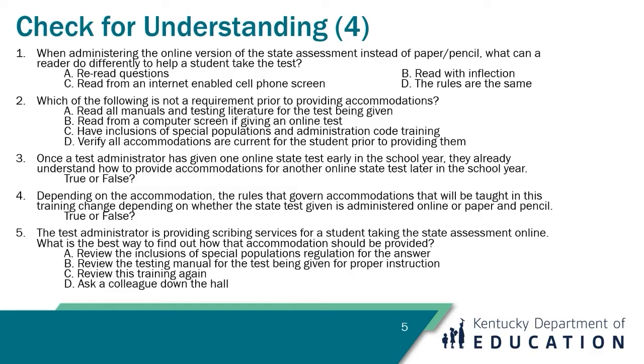D. Ask a colleague down the hall. The answer is B. For that specific test, the best resource for determining how to provide a scribe accommodation would be the testing literature. While this training and the regulation would certainly help you understand what a scribe can and cannot do when providing the scribing accommodation, neither one will instruct you on how to perform the scribe accommodation within the platform that specific test is being administered.